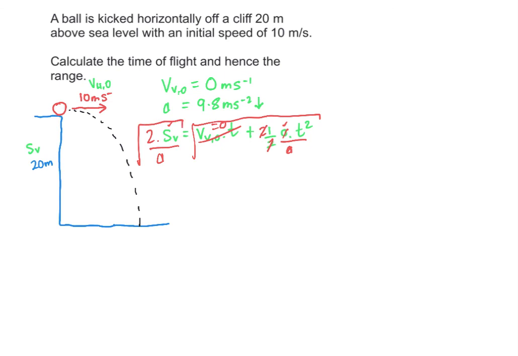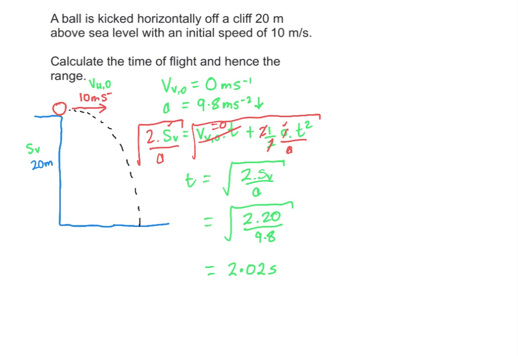So we get left with t equals the square root of 2sv over a. Show the substitution: 2 times 20 divided by acceleration, which is 9.8, put that in the calculator, and that's equal to 2.02 seconds.